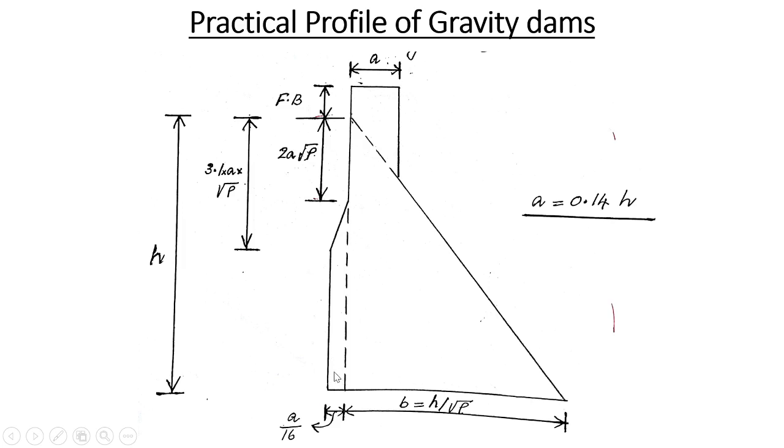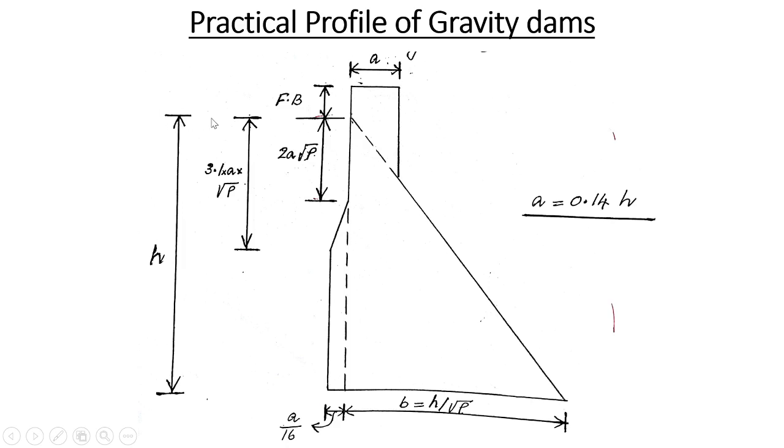And you have various parameters like top width, and based on the top width you have this particular distance, that is a divided by 16. Remaining base width is equal to h divided by root of rho, where rho is the specific gravity of the material and small h is the upstream water head.